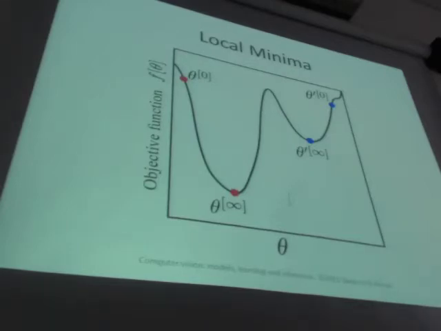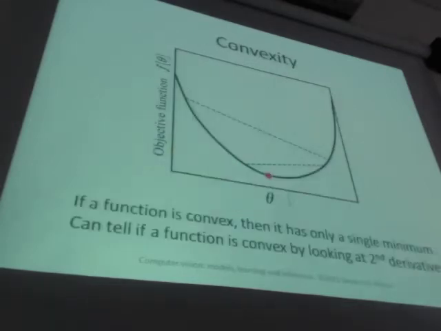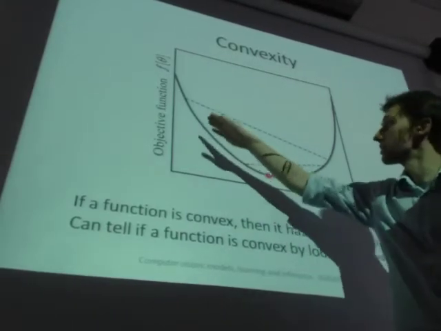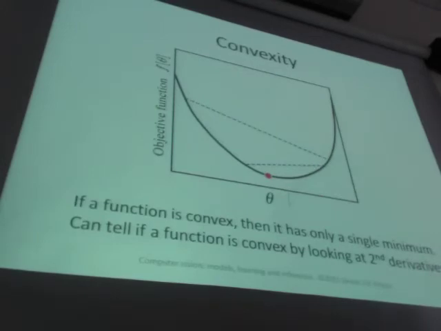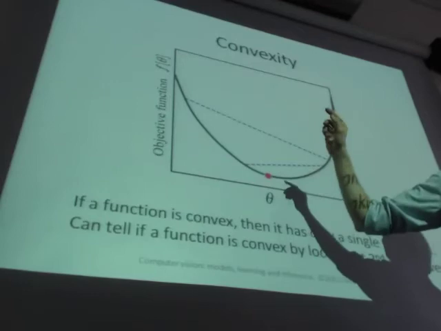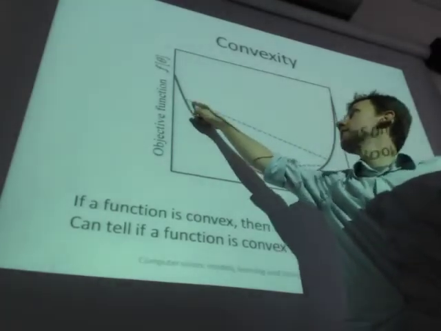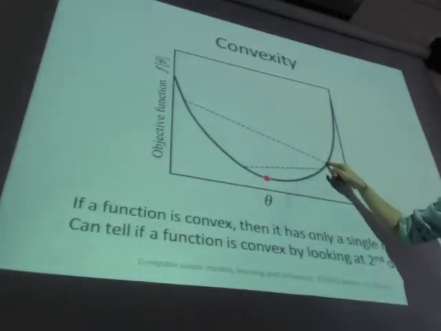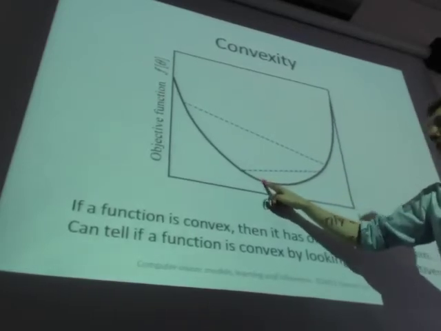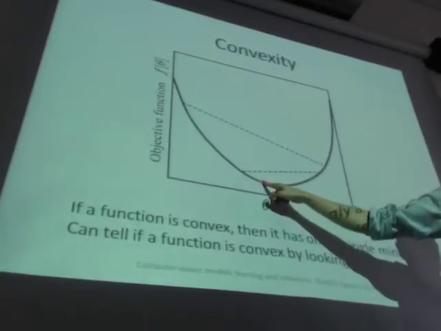Okay. So things aren't always so bleak. Sometimes you might have an objective function that looks like this. It's a nice bowl. So this is called the convex objective function. In it, if you follow the strategy of always accepting thetas that give you a lower energy function, then you might zigzag until you end up down here.